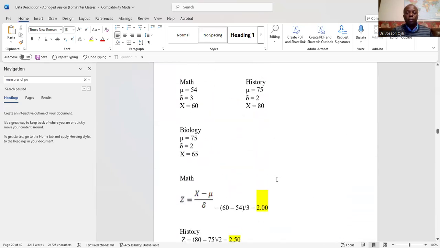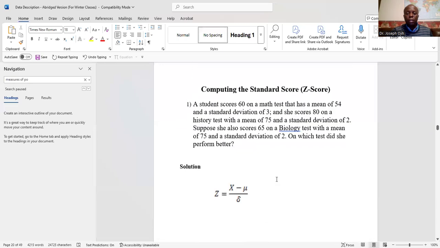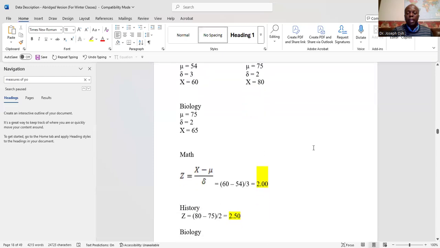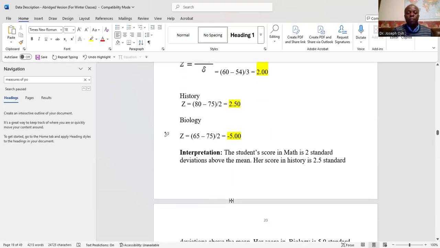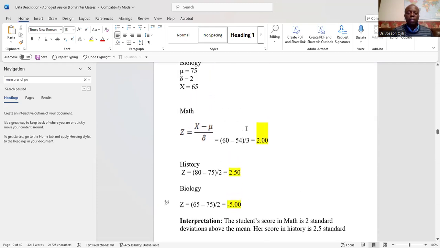So the question was, on what test did the student perform better? Of course, she performed better in history, because the z-score is above average. Even though maths is also above average, history is higher. So the student performed better in history than in any other subject here.